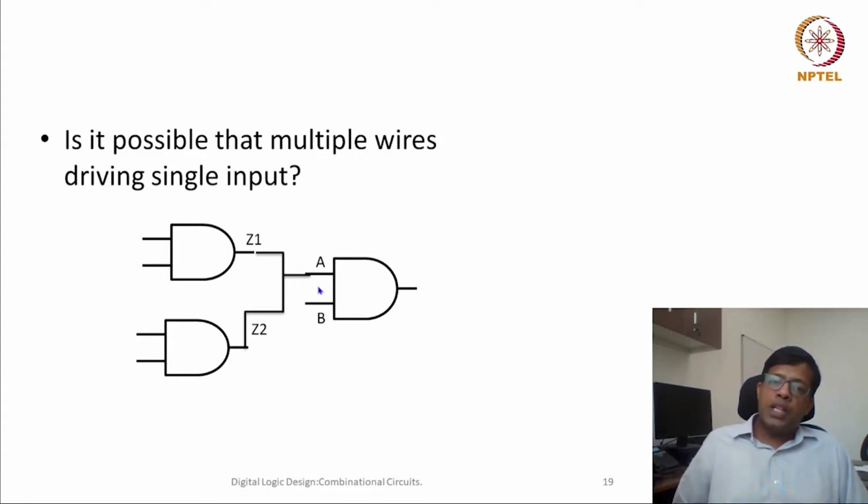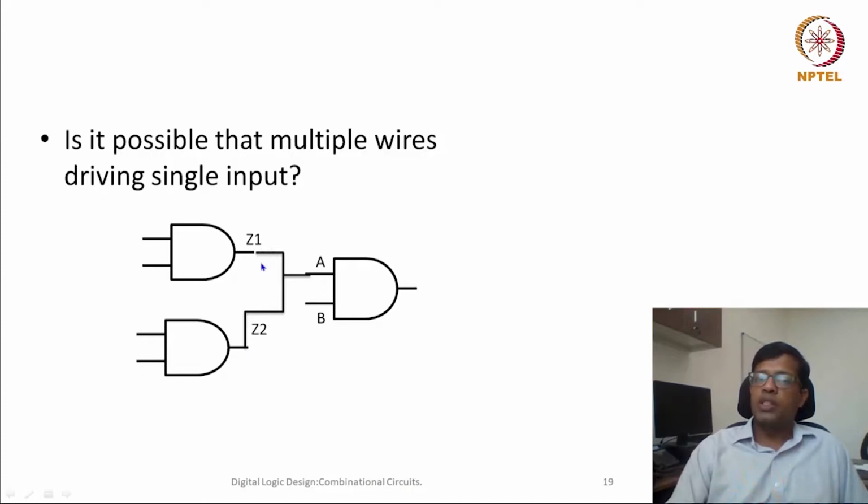So what would happen in that case? This particular AND gate may not function correctly. Not only would this particular AND gate's functionality be different, but it can also impact the functionality of these AND gates. You may ask why. Let's say the voltage here was high and the voltage here was low.